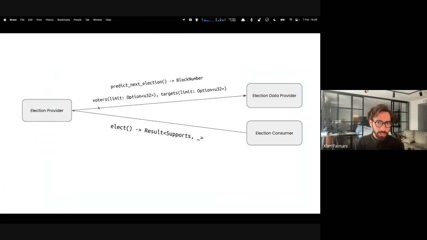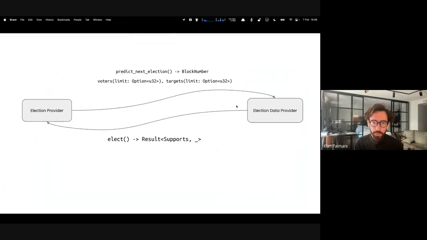This is actually a mistake in the API design. In some places, I totally assume that election data provider and election consumer are the same thing. In some places, I totally have forgotten about it. I think for the sake of simplicity, we can just assume that they are one thing, and from now on, we also assume that they're one thing. So you have the election data provider, which is both the consumer of the election, the one who's going to call elect, and the one who's going to know the input of the election.